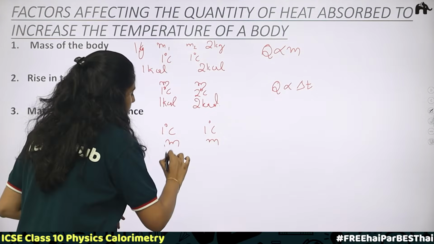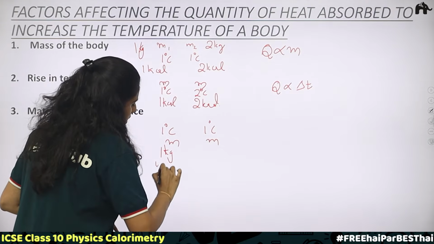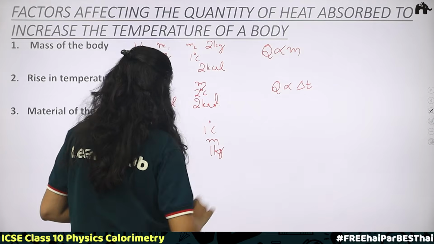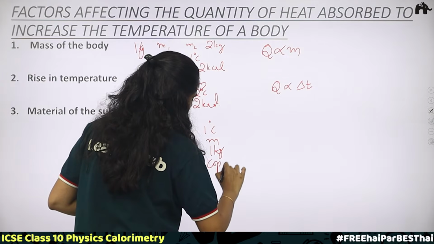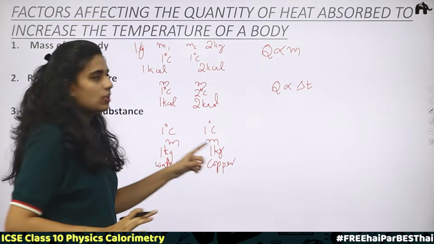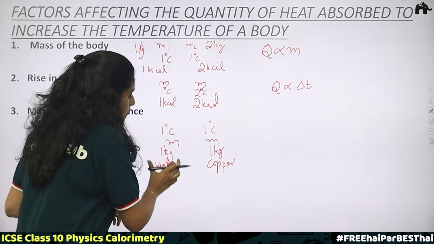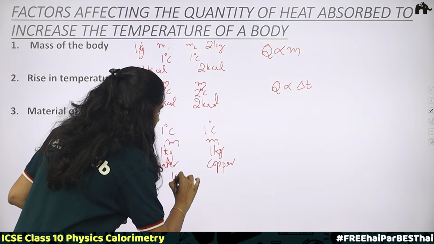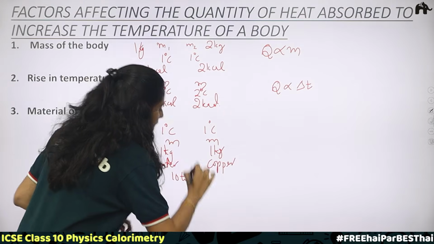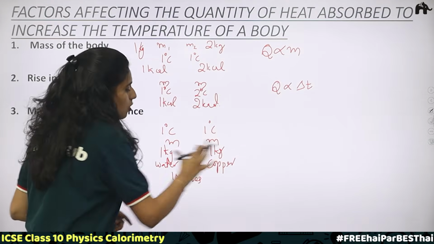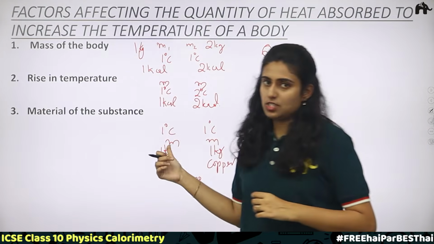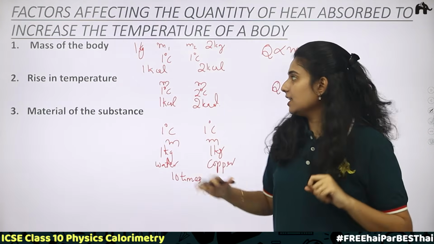For example, 1 kg of water and 1 kg of copper. In the case of water, the heat energy that is absorbed will be almost 10 times that absorbed by copper. So it also depends on which material or substance we are using. So these are the 3 factors.